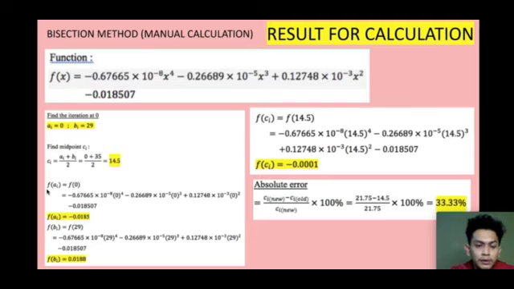To find FAI, we substitute this 0 into the function. It is the same for FB and FC. For the absolute error, we take CI new minus CI old, divide by CI new, times 100%, and then we get the percentage of error.